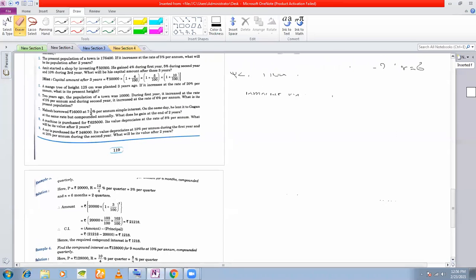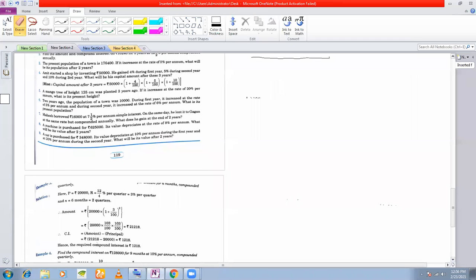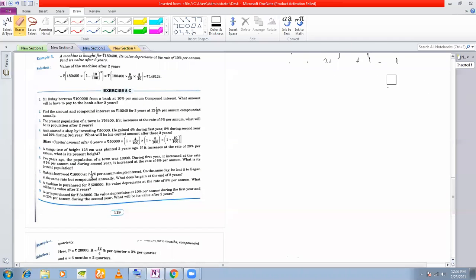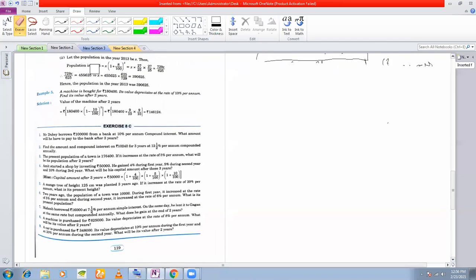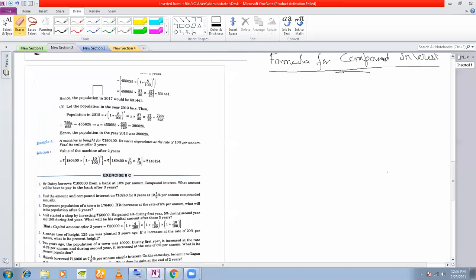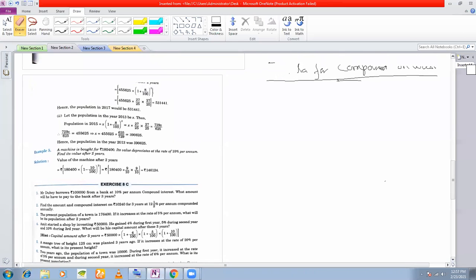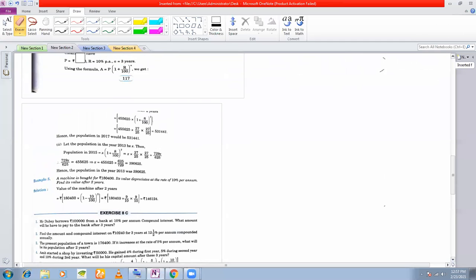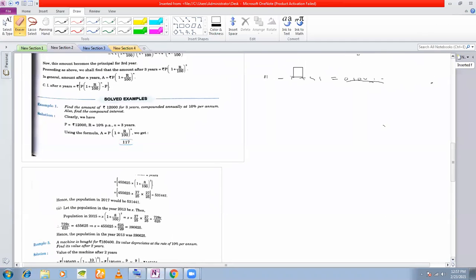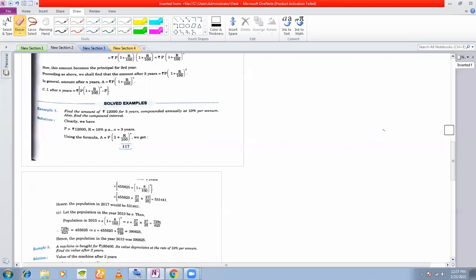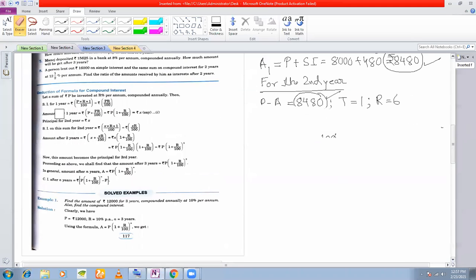formula to evaluate this. Actually, they have given you this exercise to do by the simple interest formula, but we shall not use the simple interest formula to calculate compound interest. We shall directly use the compound interest formula, because if you use the simple interest formula, it is going to get lengthy.